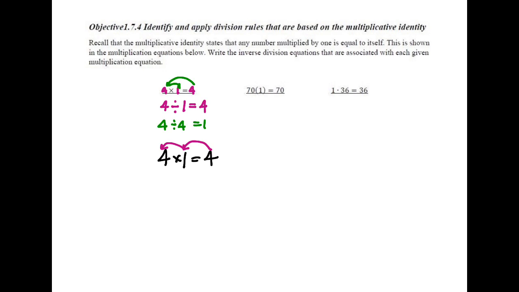So first of all, we're just going to go straight backwards. So 70 divided by 1 equals 70. And now we're going to do divided by the beginning number is equal to 1. And the last one, we're going to start with the answer, and we're going to check it by dividing.